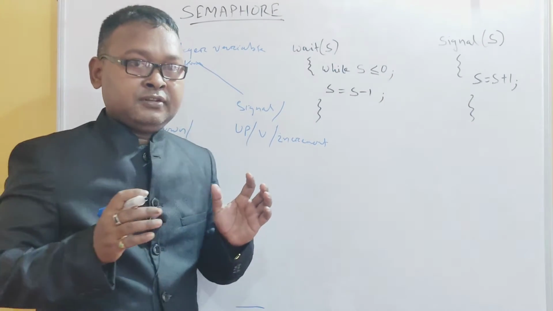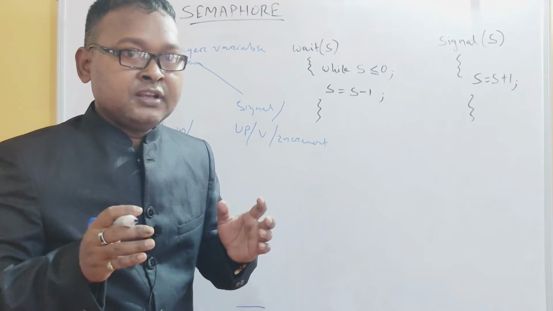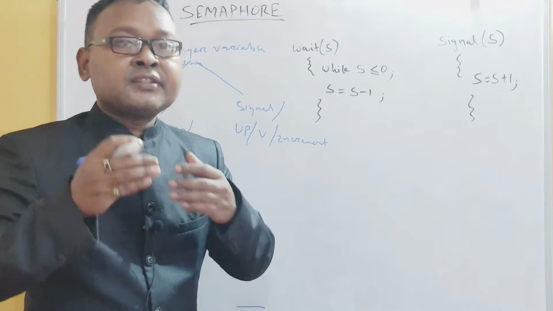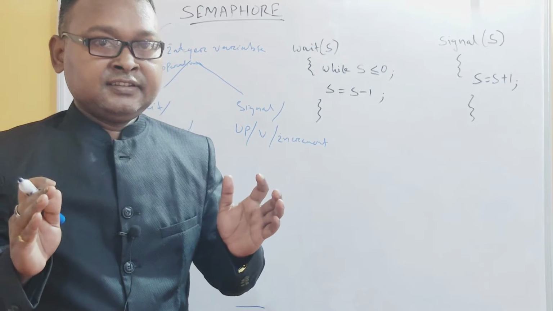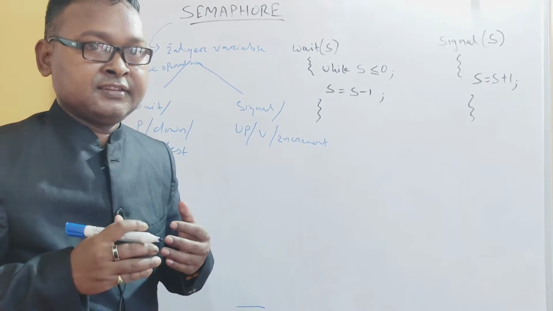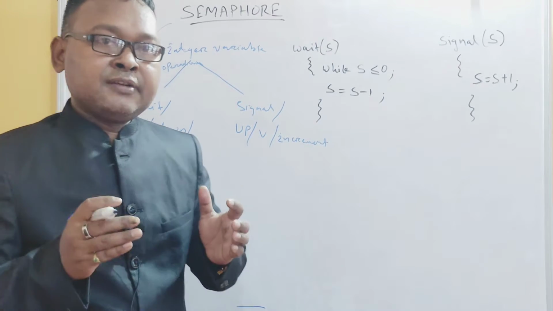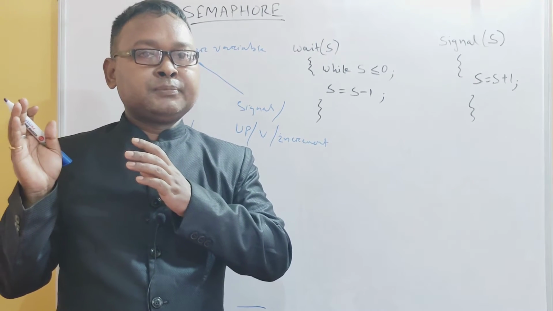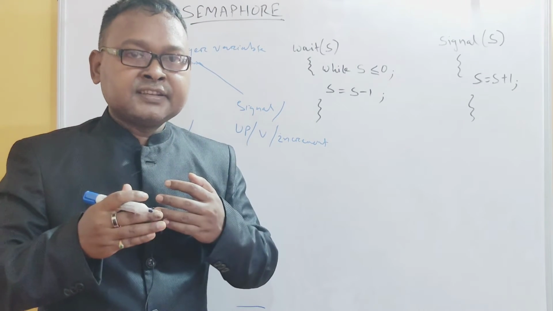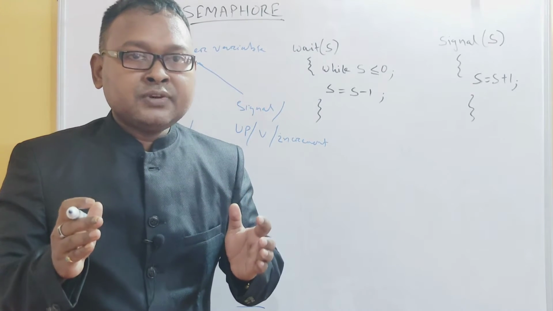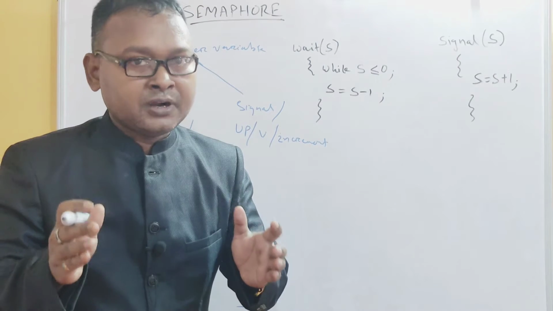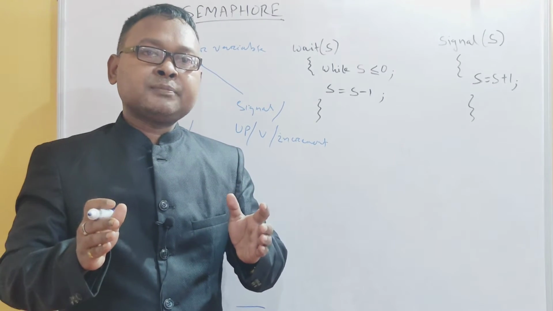So the question arises, why semaphore? Semaphore is being used to acquire the process synchronization. I have already discussed process synchronization in my previous video. During process synchronization, a lot of problems arise, and that problem is the critical section problem. So what is the critical section problem?